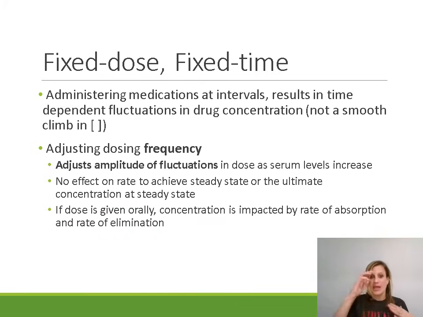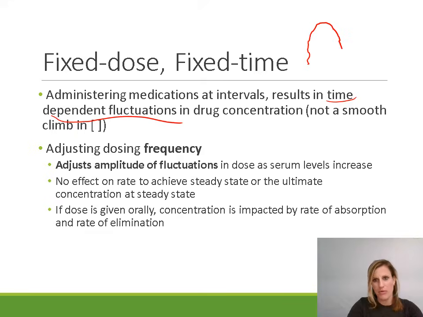If we administer medications at intervals, this results in time-dependent fluctuations in drug concentration. It's not a big, smooth climb in concentration, right? Like you'll give the drug and the concentration will go up, right? And then you start to metabolize it. And before it goes all the way down to nothing, you give it again. And the concentration kind of goes up, right?